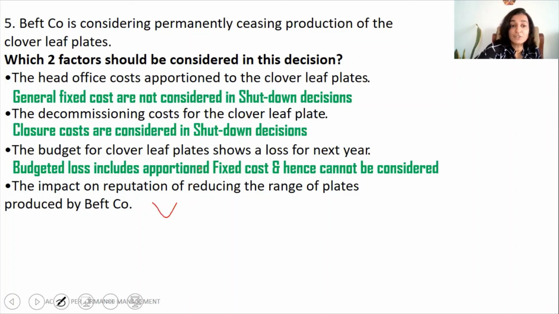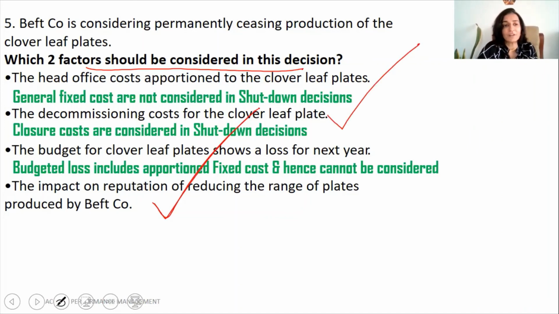So this is something that you have to consider for shutdown decisions. So the two factors which should be considered in this decision are just the decommissioning cost and the impact on the reputation of the company. The other two, that is the general fixed cost and the budgeted loss for next year, need not be considered.